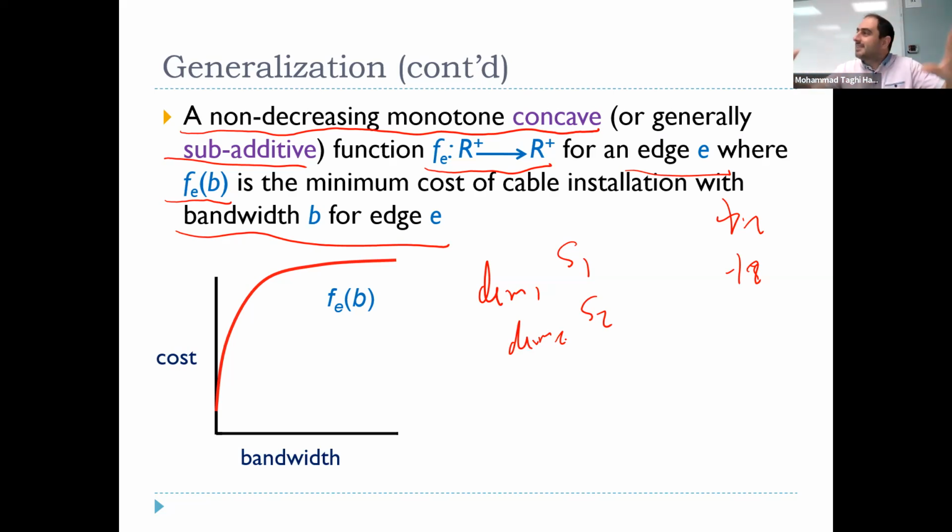Now you want to reserve enough bandwidth for them, such that if all of this flow is going through, you can satisfy all of them without violating any edge capacity. And you need to pay for the cost, and at the same time, you want to have demand 1 for this guy, demand 2 for this guy, and so on.